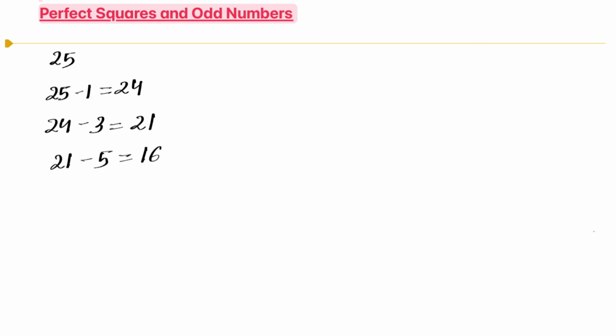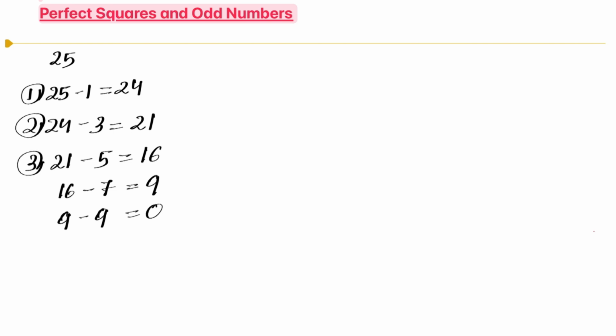Next odd number is 7. So 16 minus 7 is 9. Next odd number is 9. So finally 9 minus 9 is 0. You can observe here I have subtracted consecutive odd numbers and finally got 0 in 5 steps. So we can say 25 is a perfect square and it's the square of 5.